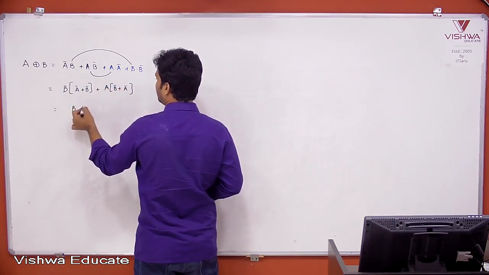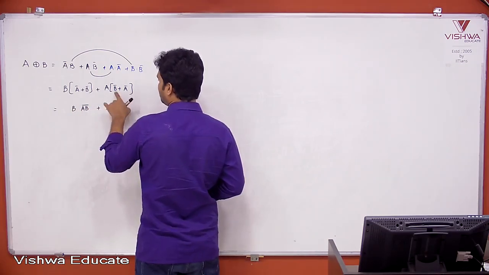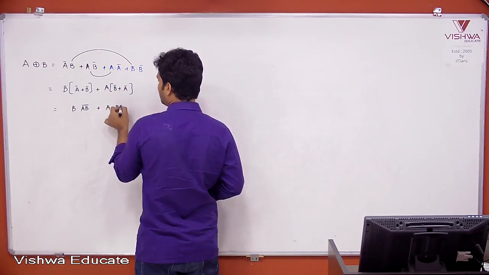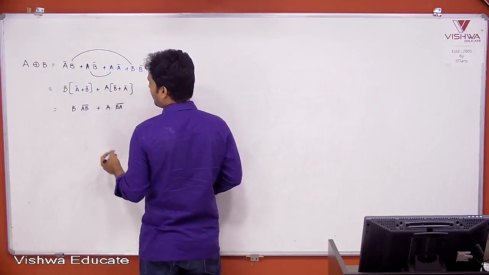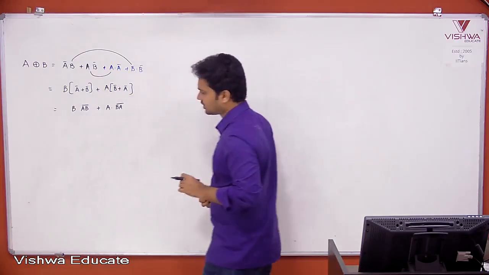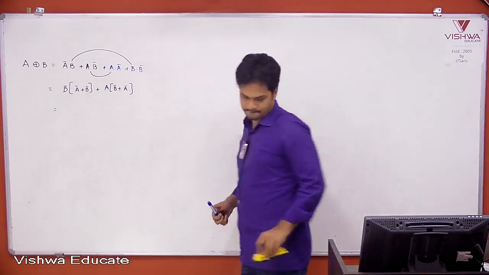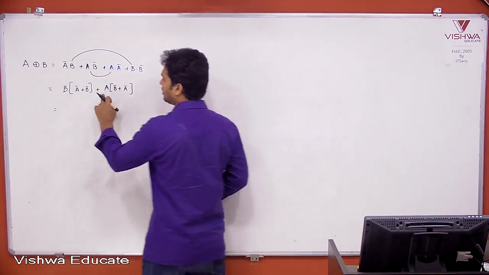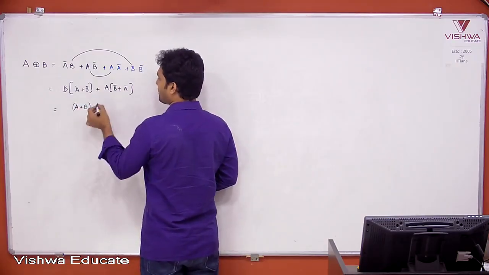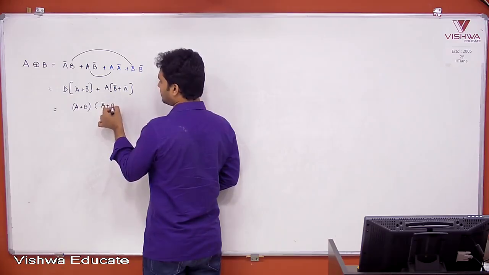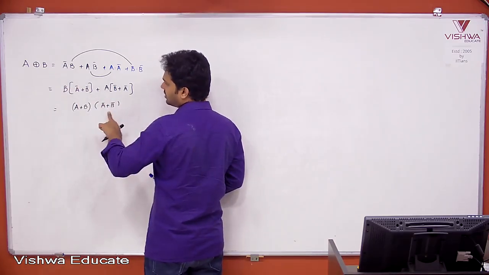Then B into A bar plus B bar is AB whole bar, and A into B bar plus A bar is BA bar. You can also take A plus B common into A bar plus B bar. The coefficients are the same, so this is one way to represent your XOR gate.